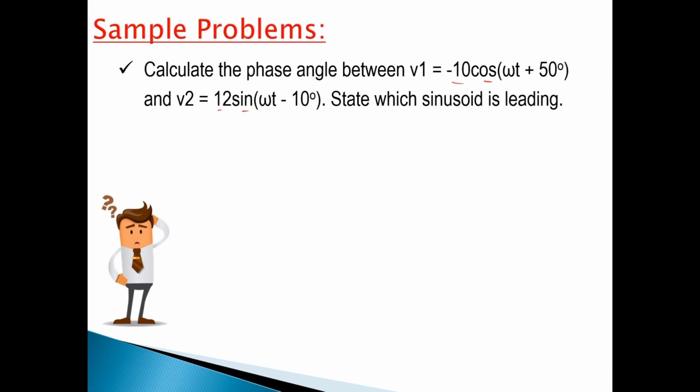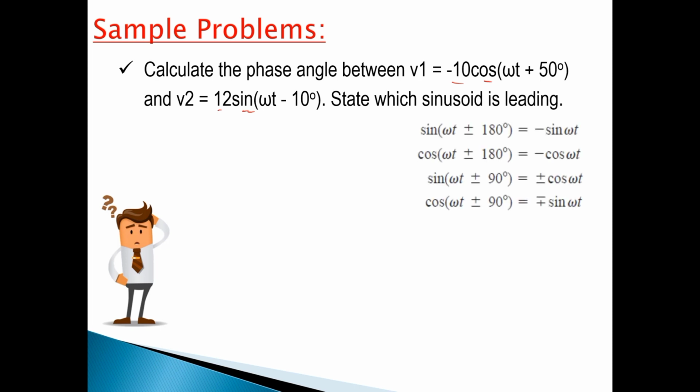In order for us to know the difference between the phase angles of these two sinusoids, they must be in the same form. If we want both cosines, we have to convert V2 into cosine and V1 must be converted into positive cosine. So let us use the identities we have a while ago.